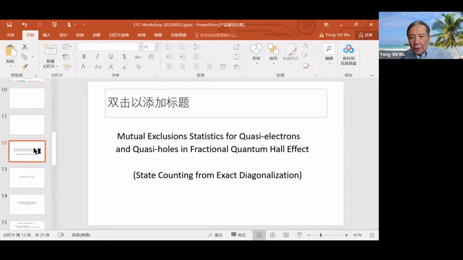Then we may consider the mutual exclusion statistics for quasi-electrons and quasi-holes in the quantum Hall effect. The state counting is obtained by exact diagonalization for the interacting electron system.